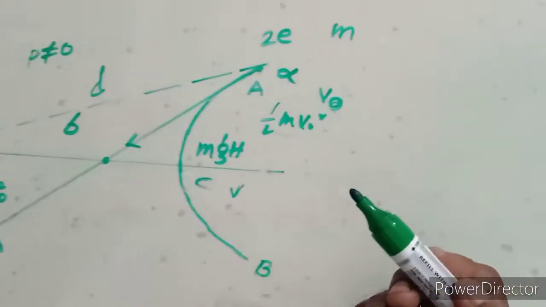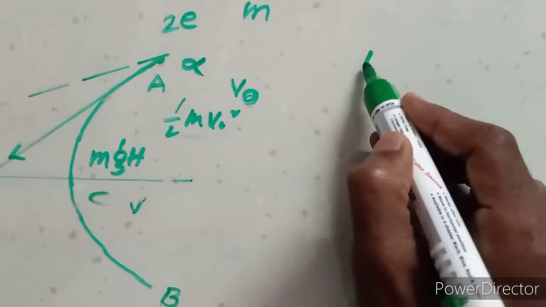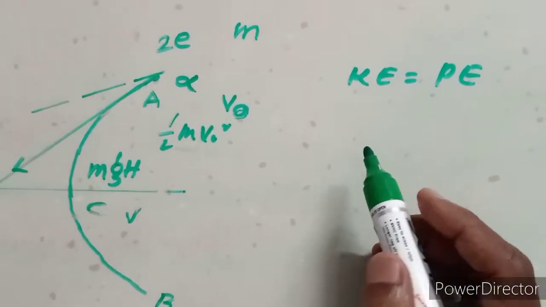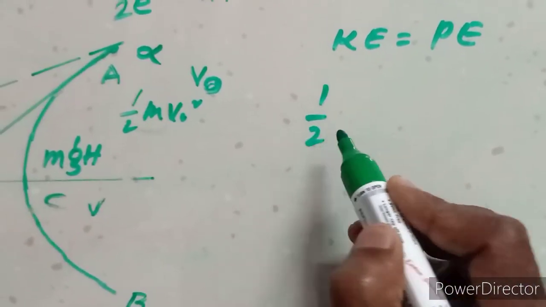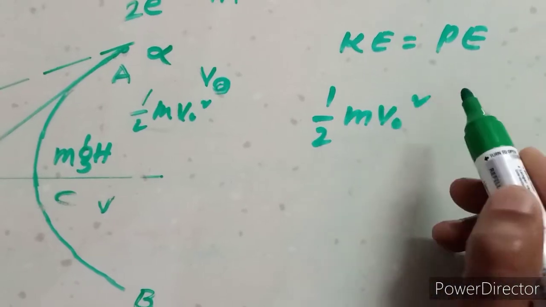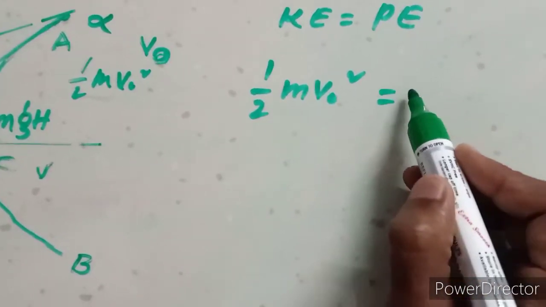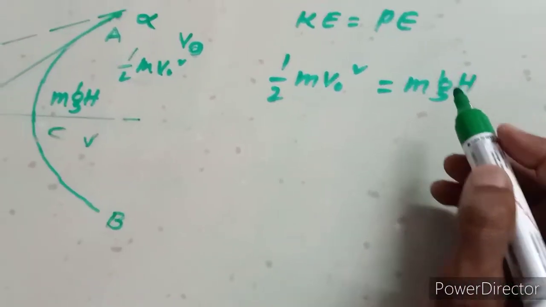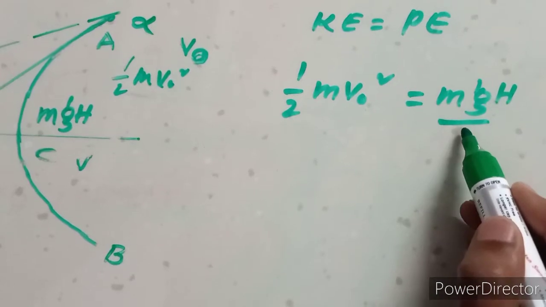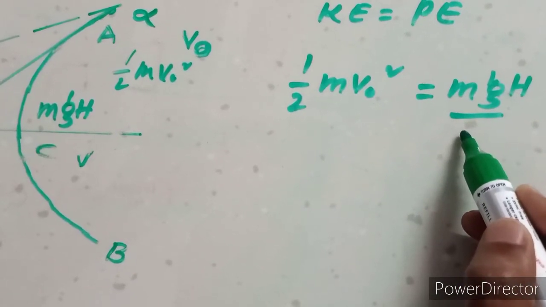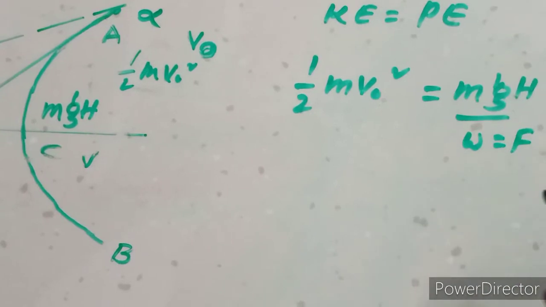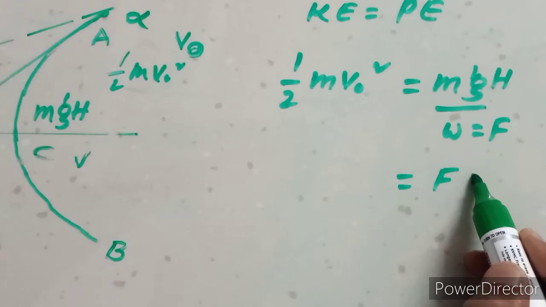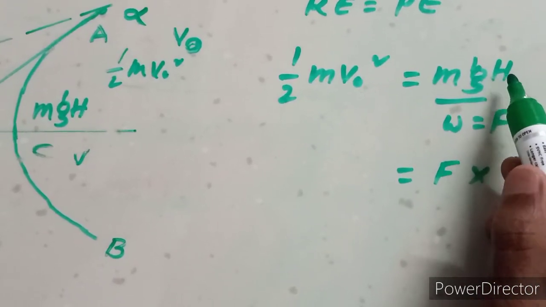Due to the law of conservation of energy, kinetic energy equals potential energy. So half m v naught square equals mgh. Here mg is the weight, which is similar to force, and h is similar to distance.